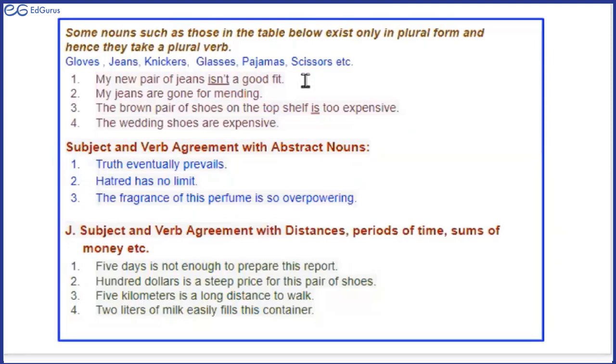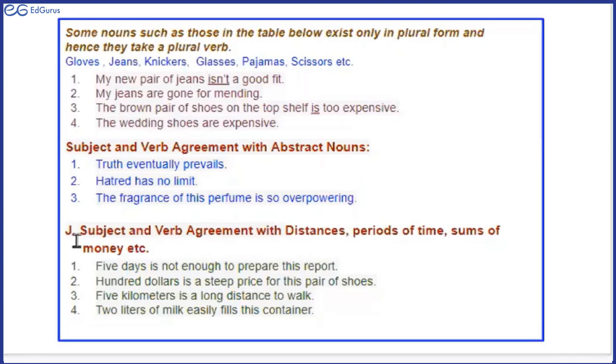Whether it is $100 or it is 100 rupees or it is 100 pesos. So it is referring to that 100 unit. 5 kilometers is a long distance to walk. 2 liters of milk easily fills this container. Clear?